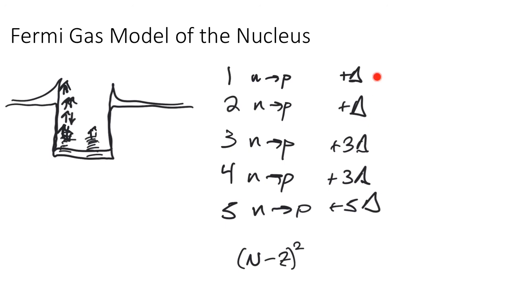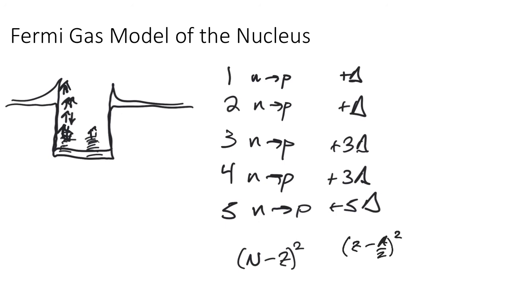Between these I changed N minus Z by 1 in each case, and I had one change. Here I changed by 3, but I had a 3 change, so that's 1 N minus Z from the change, and an extra factor of that from how much I had to change. So that's why I have the N minus Z squared factor, or as you can also sometimes see it, Z minus A over 2.